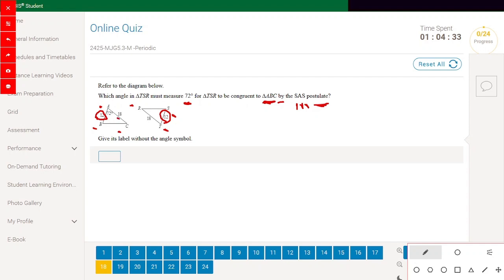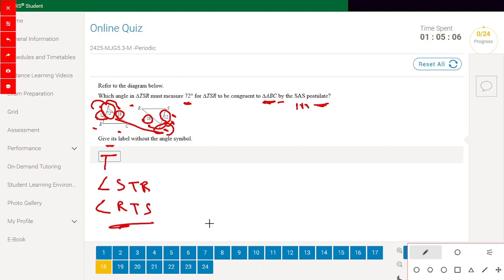And AC is 18, and TR is 18. So now we need side angle side. So this is side angle side. This is side angle side. So A is congruent to T. So the label is T. So the angle symbol is T, or angle STR, or angle RTS, all the same.